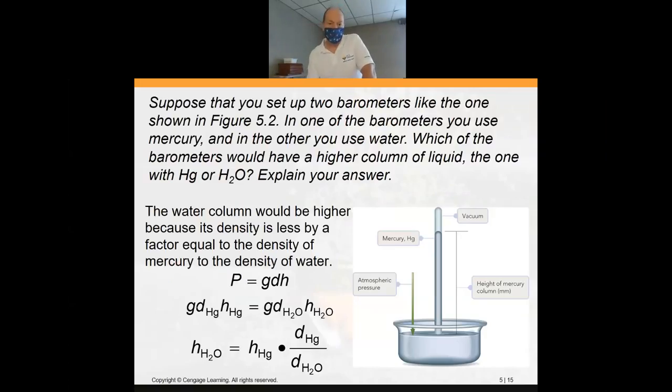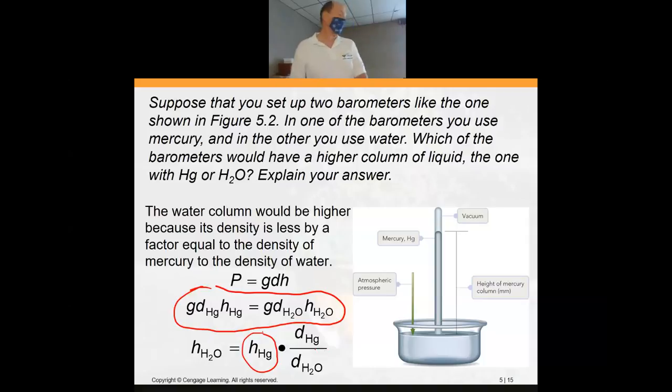All right, so this is the example that I gave before. The pressure is the pressure. It doesn't matter if you're using mercury or if you're using water. If you were given the density of mercury and the pressure of mercury as a height, like millimeters of mercury, and you know the density of water, these are two constants you can look up, then you can solve for the height of water, and you will find that the height of water is extremely high.